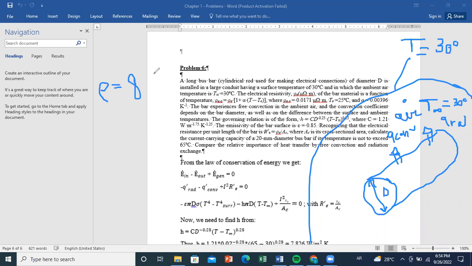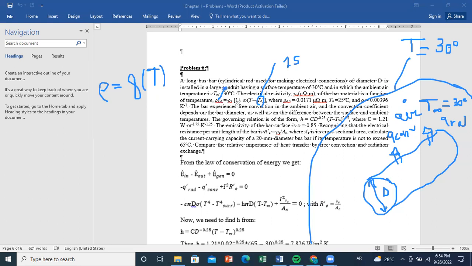We'll find this value in order to calculate the electrical power that is generated within our system. T0 in this formula is a reference temperature, equal to 25 degrees. If we do an analysis here, the larger T is, the larger the electrical resistivity will be.